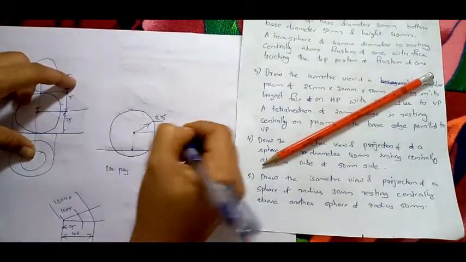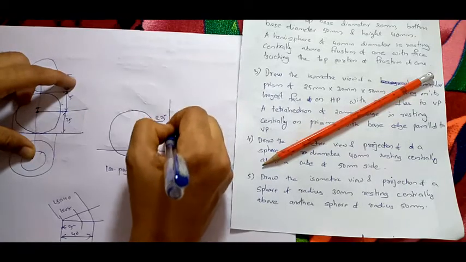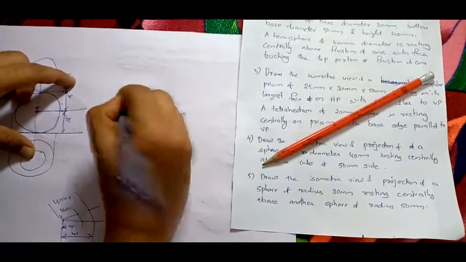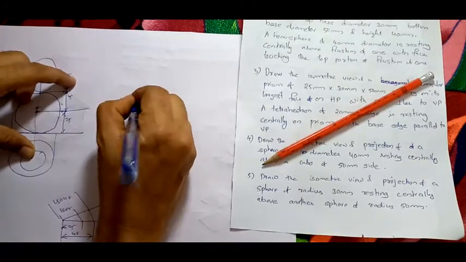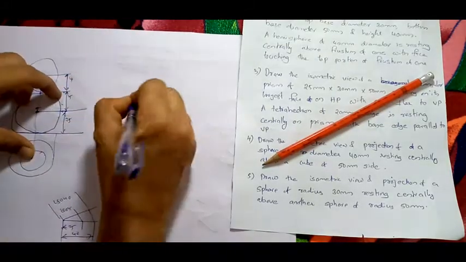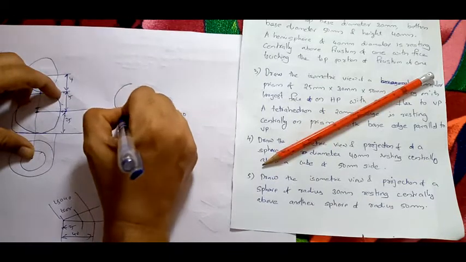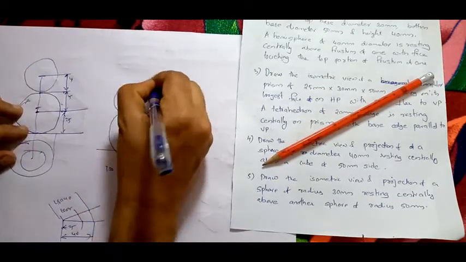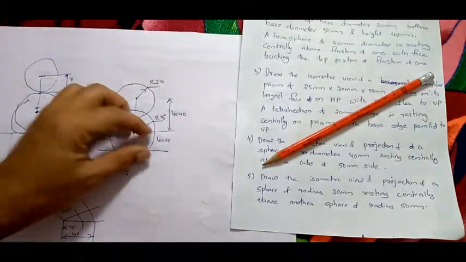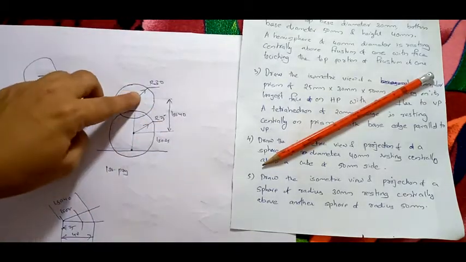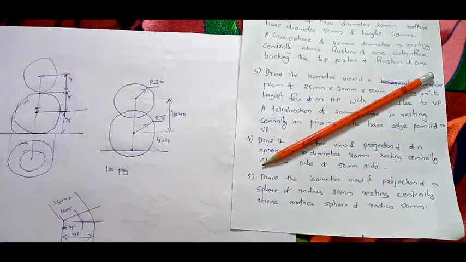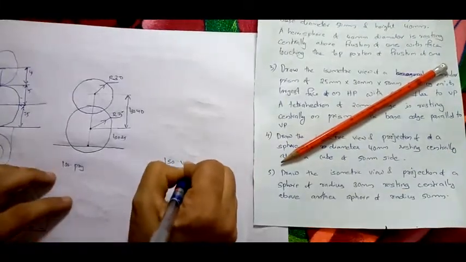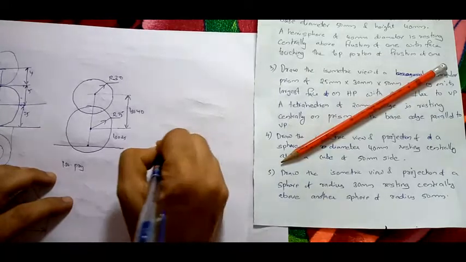So take ISO of 40 here. Now from there, draw a circle of radius equal to 30 mm. So R30. Take the ISO of the center to center distance. Once you find the center, the radius is the actual radius. That is the isometric projection.